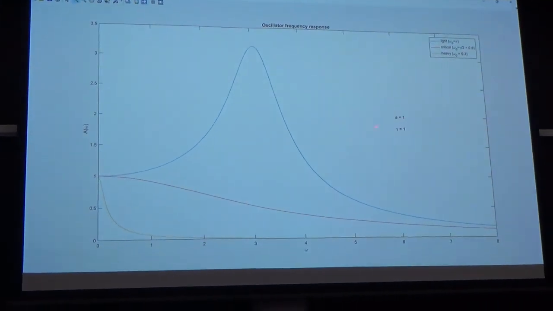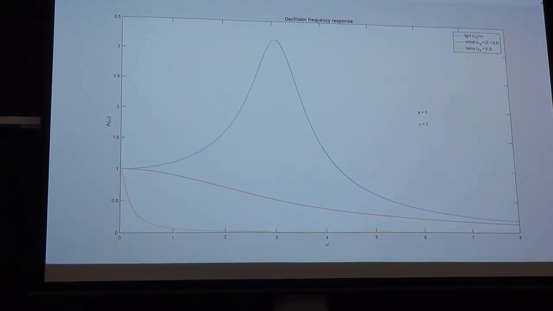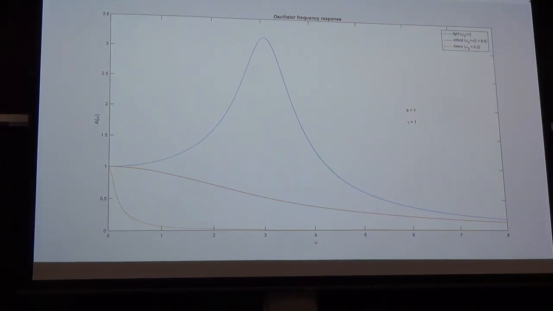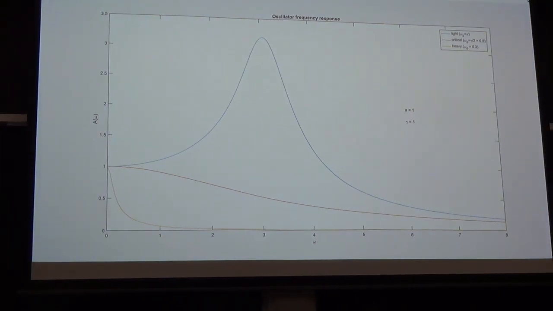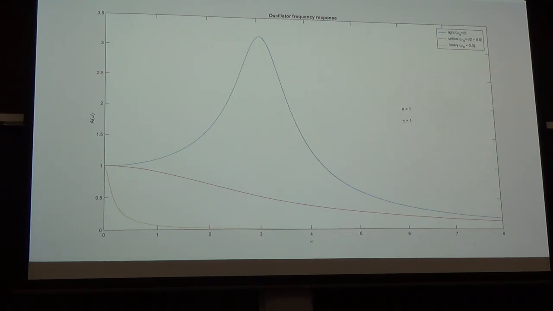It's a graph for little a equals 1, so the driving motion is magnitude 1 in whatever units you want, centimeters or miles or light years, whatever. And the damping is also taken to be 1. So it's 1 inverse second or inverse year or whatever. It's just 1 of whatever units I'm using.